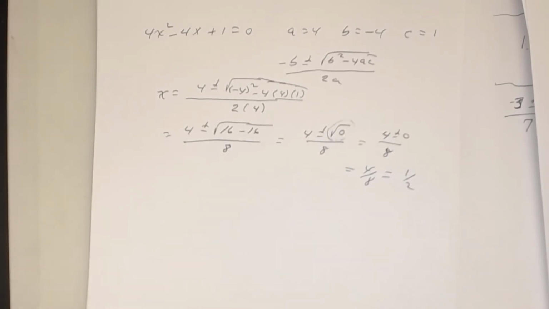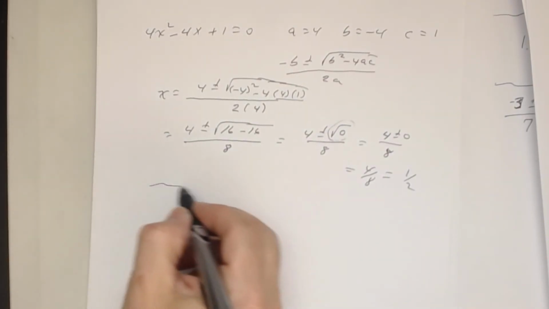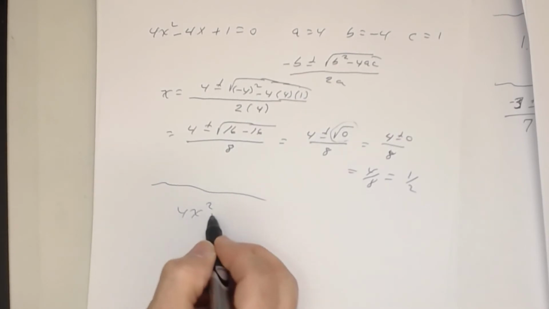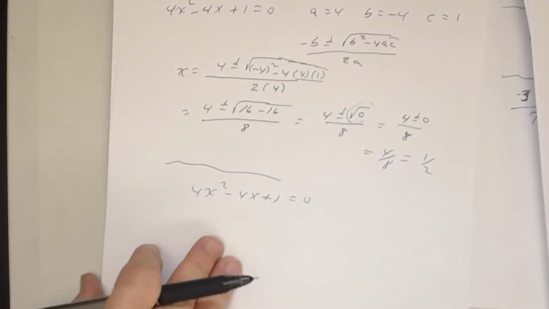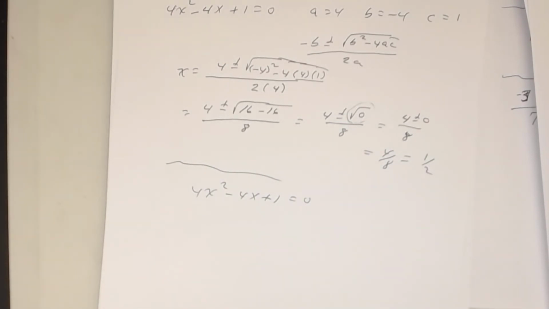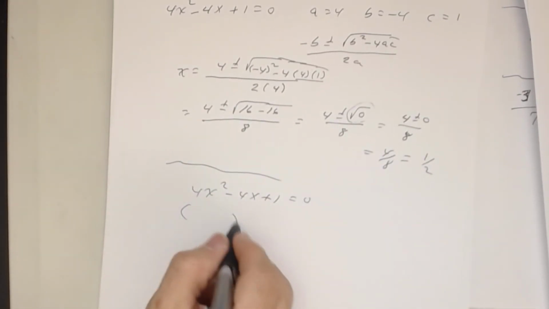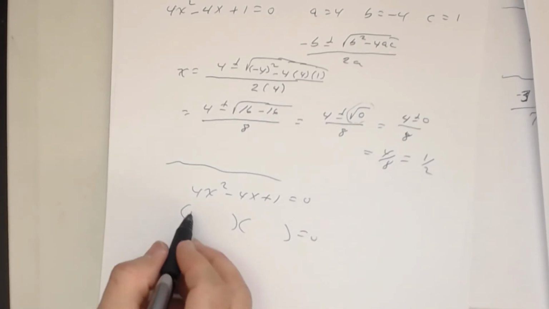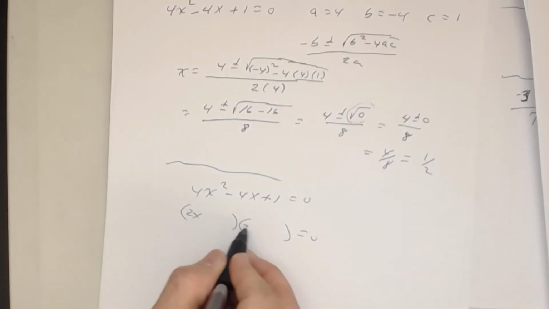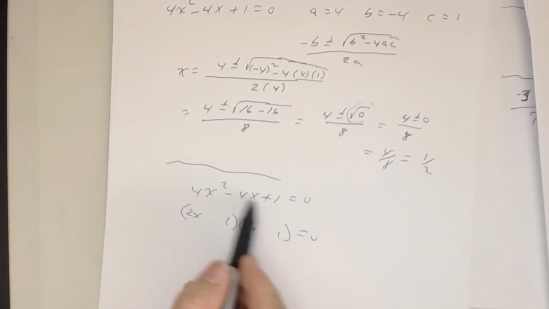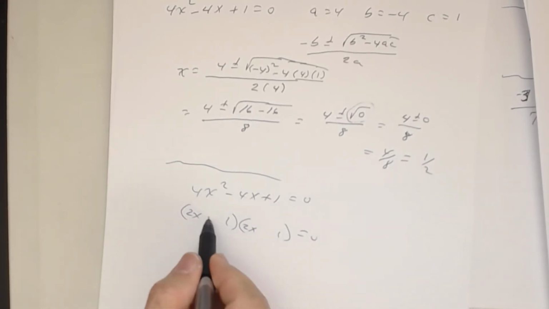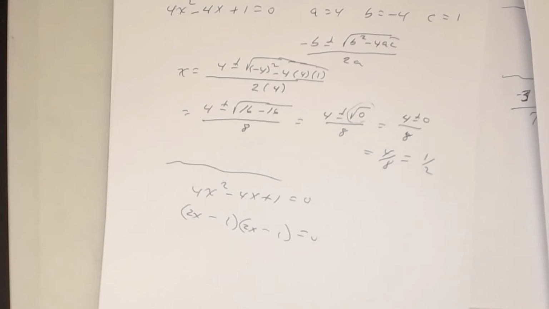Now I want to remind you about this though. If we did this by factoring, I want you to remember something about the factors. If I factor this, that's going to be 2x, 2x, and what's the only possibility for 1? 1 and 1. The last sign's positive. These signs have to be the same. Remember, when we talked about solving quadratic equations by factoring, what did you notice about these factors here?